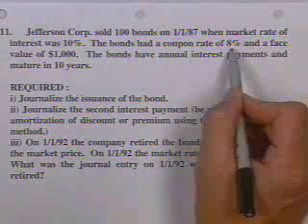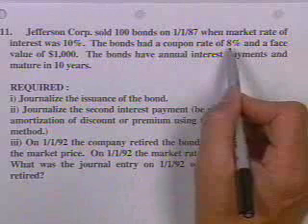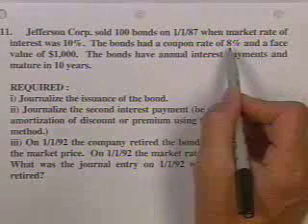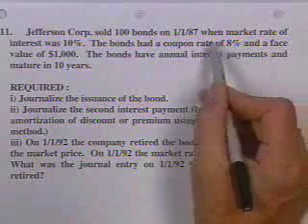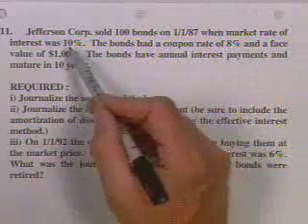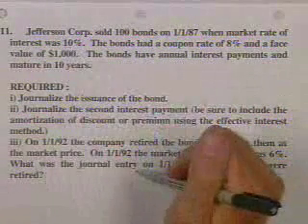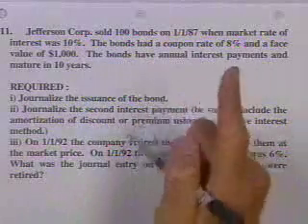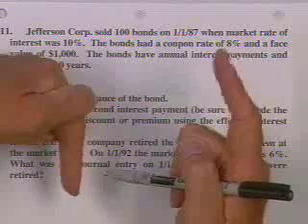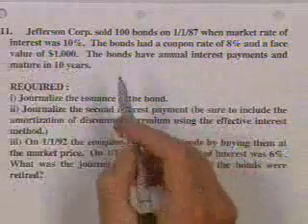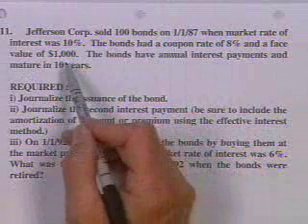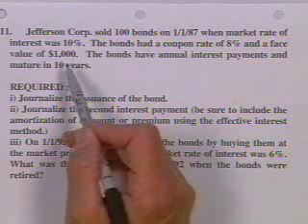They have a coupon rate of 8%, and the coupon rate was set equal to the market rate at the time they were setting it up, but subsequent to that, the rate in the market increased from 8% up to 10%. Now, when the rate of interest goes up, the present value of the bond goes down. Hence, this is a bond at a discount. Now, the bonds have a face value of $1,000, which is true virtually always and everywhere.